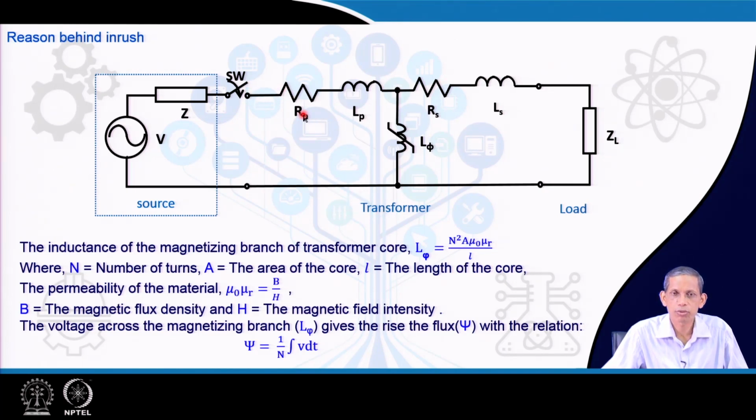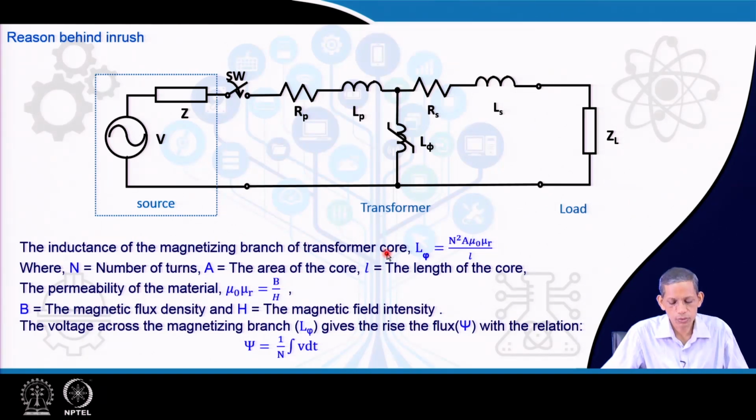We have taken the equivalent model: primary side resistance, leakage inductance and the magnetizing inductance path. For simplicity, we have neglected the core loss part. The secondary also has its associated resistance and leakage inductance, and then the load impedance part. So, this transformer is to be switched on.